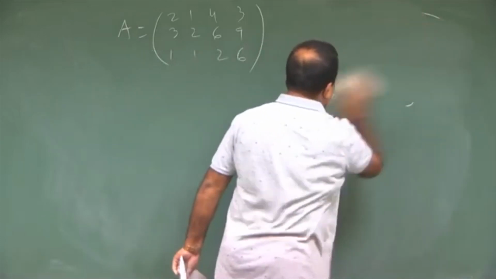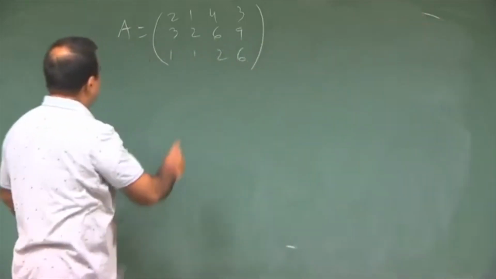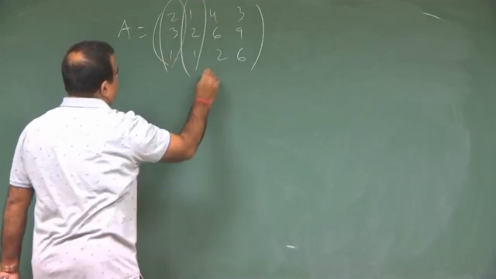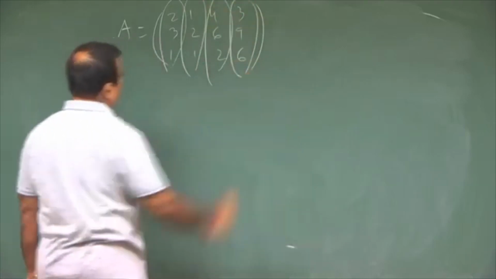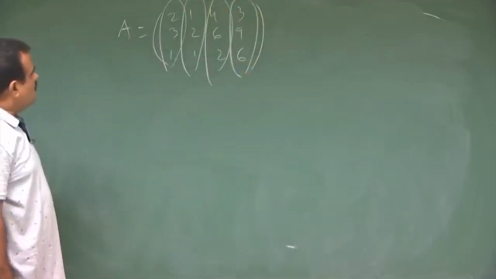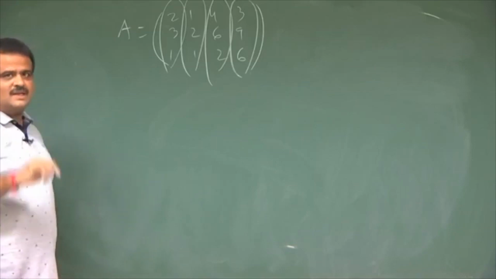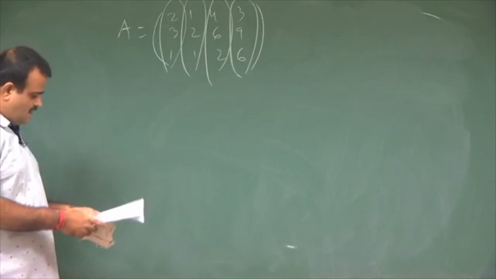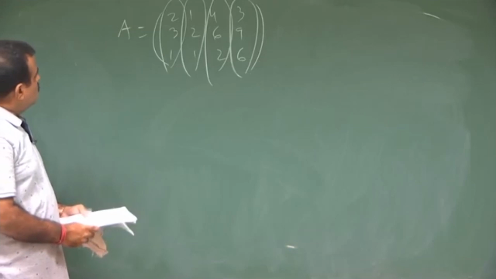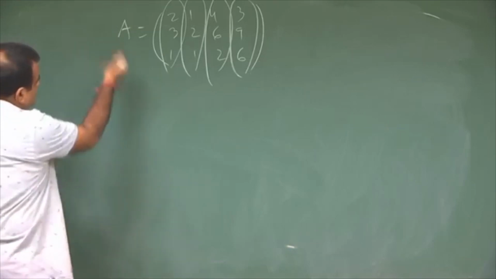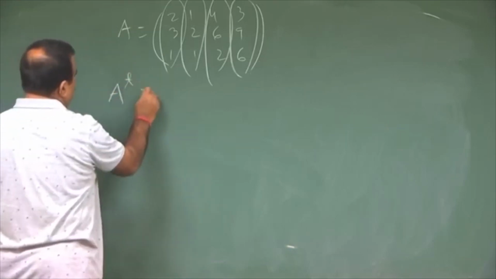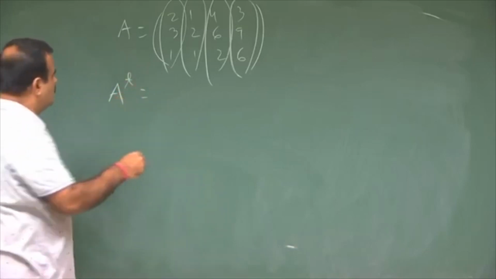Now, to get the column rank, what do we do? This is the first column, second column, like this. So, for columns we have to take the transpose. Instead of doing that, we can take the transpose of this matrix, then the corresponding rows will become the columns.